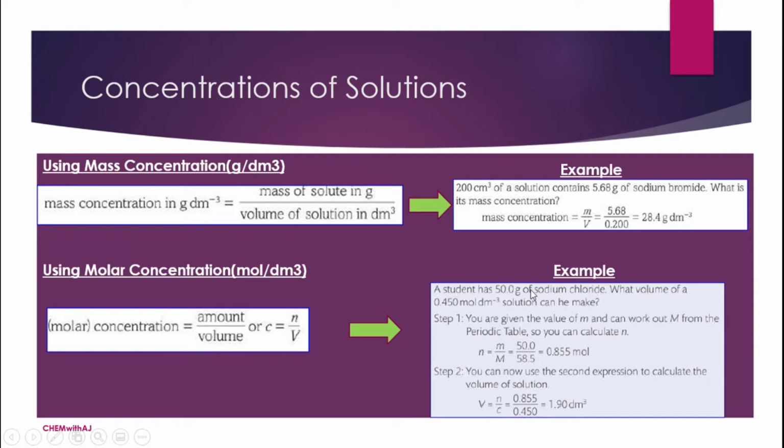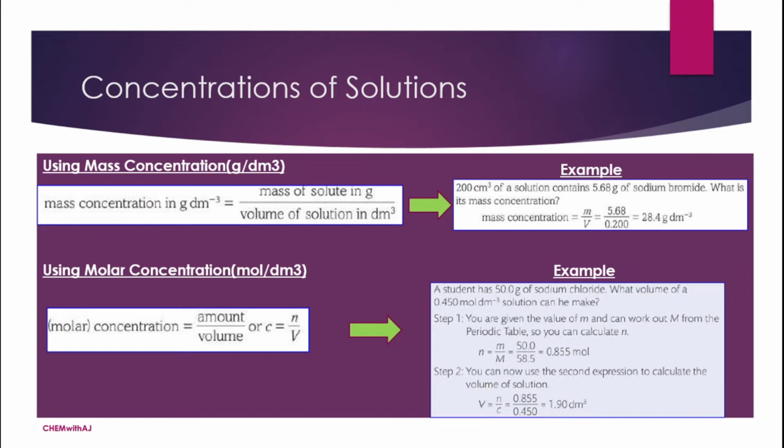What volume of a 0.45 mole per dm cube solution can he make? In the first step, we are given the mass of sodium chloride, and we can check the relative formula mass of sodium chloride using the periodic table.